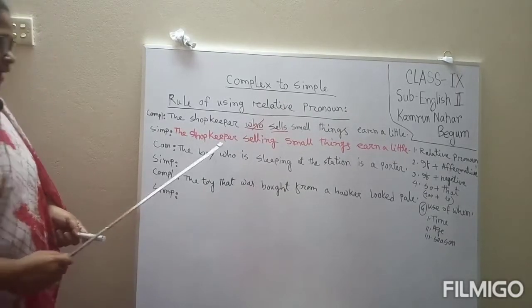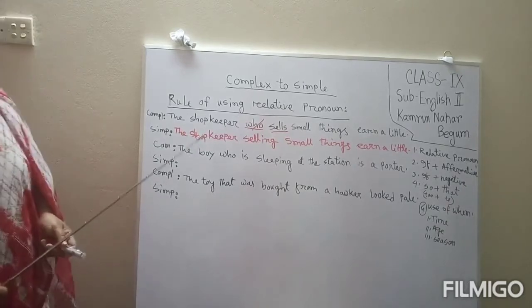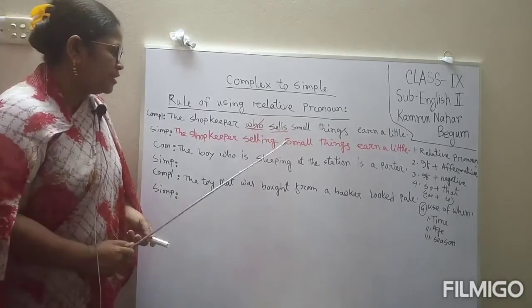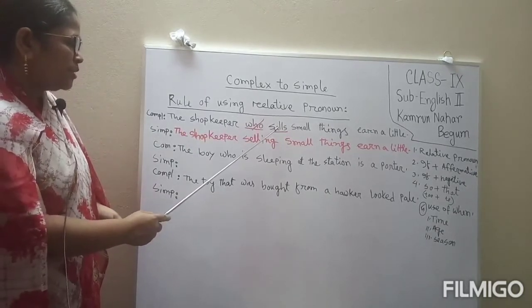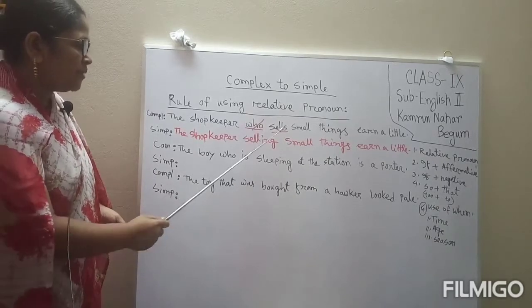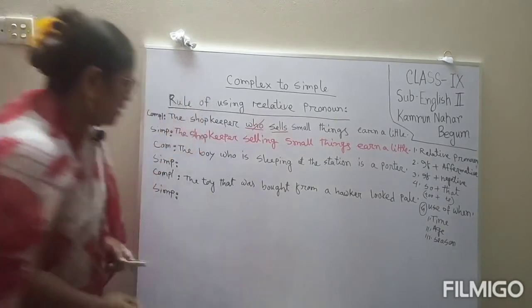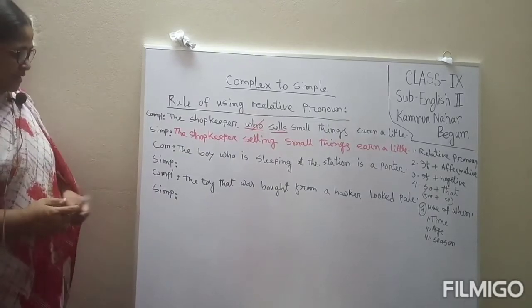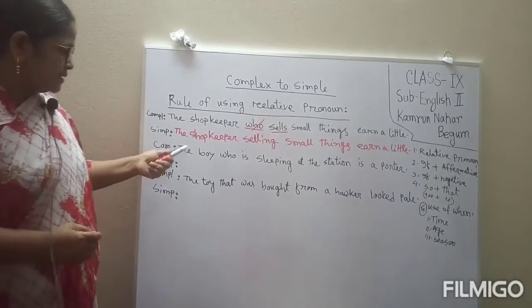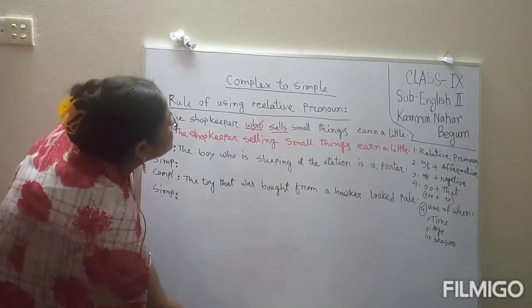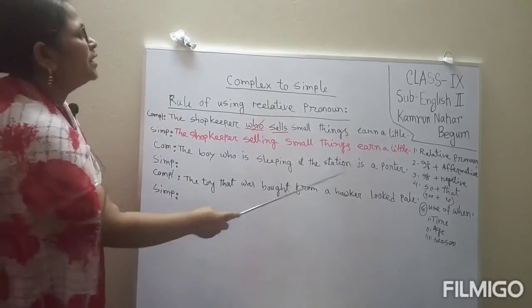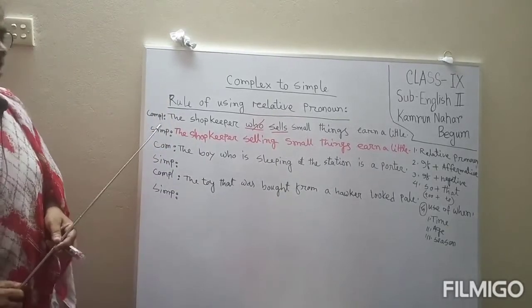If you want to add something with your verb, you of course remember that you should take the main form or base form of the verb. Then come to the second sentence. Here we have: The boy who is sleeping at the station is a porter.